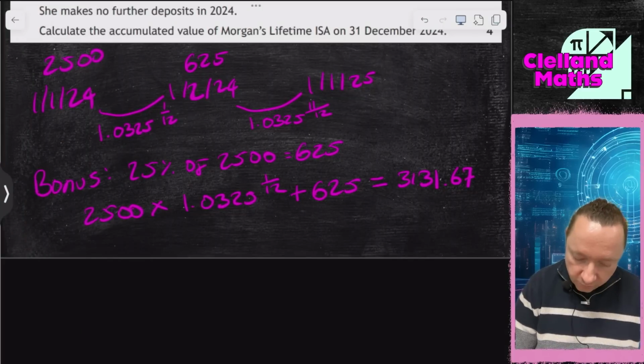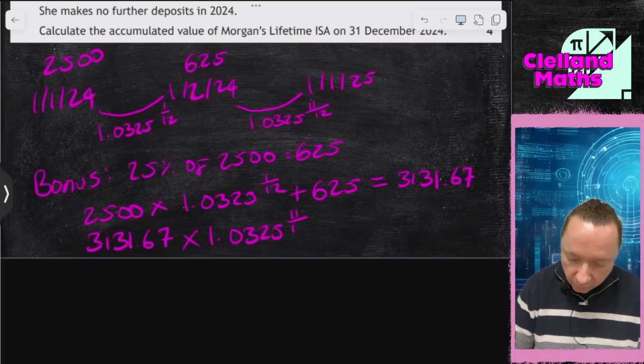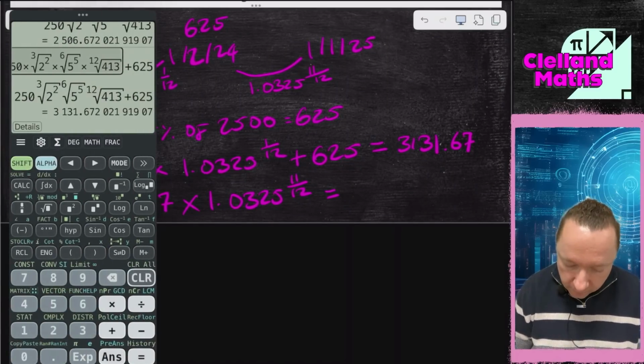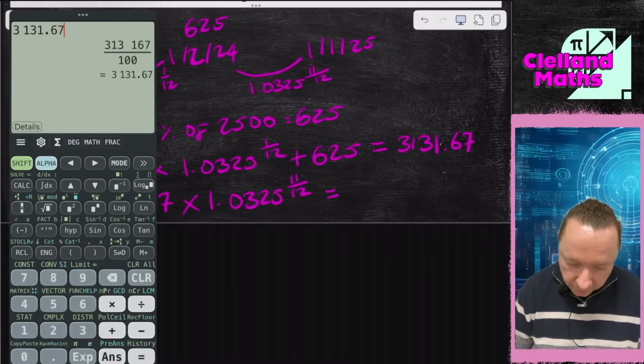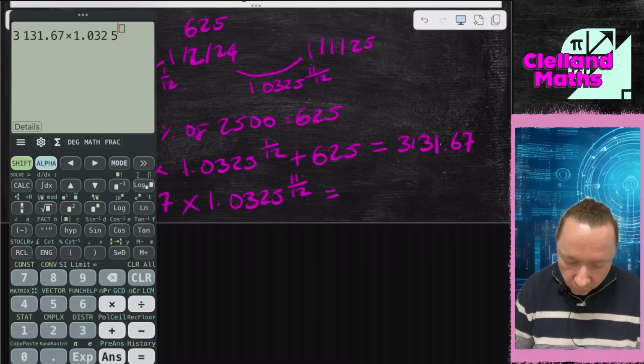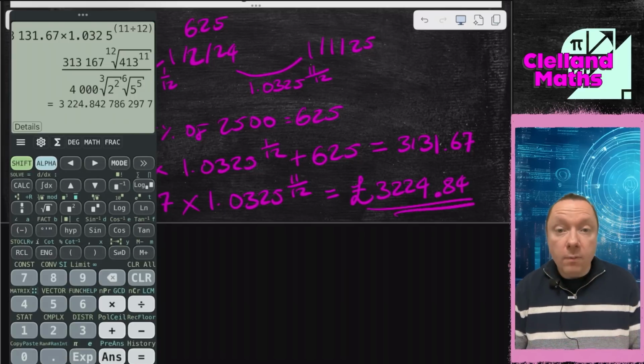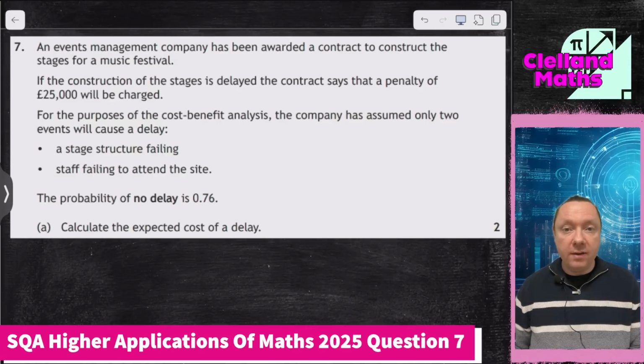So then I start again from 3131.67 times 1.0325 to the power of 11 twelfths. 3131.67 times 1.0325 to the power of 11 over 12 is £3224.84. And we're done there.